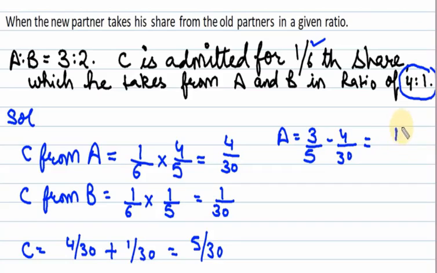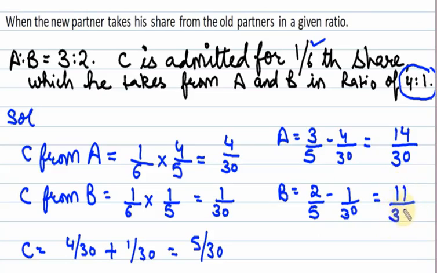So it will be 14/30. Similarly for B, B's share was 2/5, of which he gave 1/30 to C. Again we will take the LCM and we will subtract, so it will be 11/30.